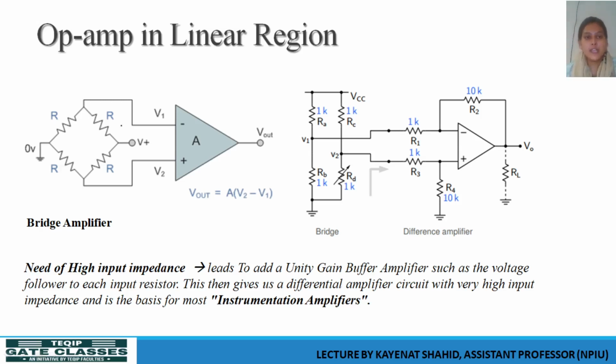So this can be not a resistance, but it can be a thermistor, where the resistance will change with the change in temperature. It can be any RTD, meaning any device, any sensor which changes the resistive value due to a change in the physical signal.